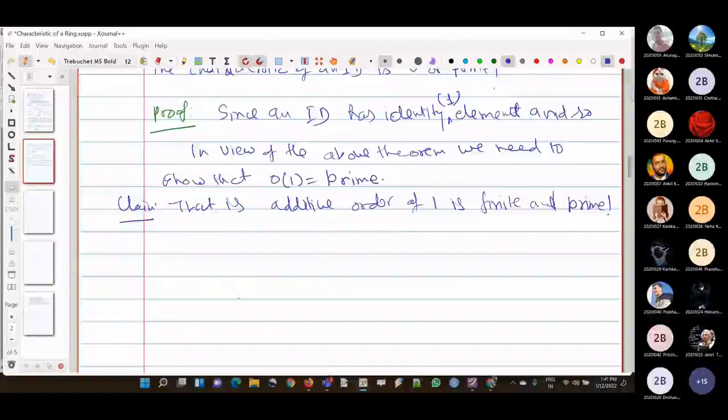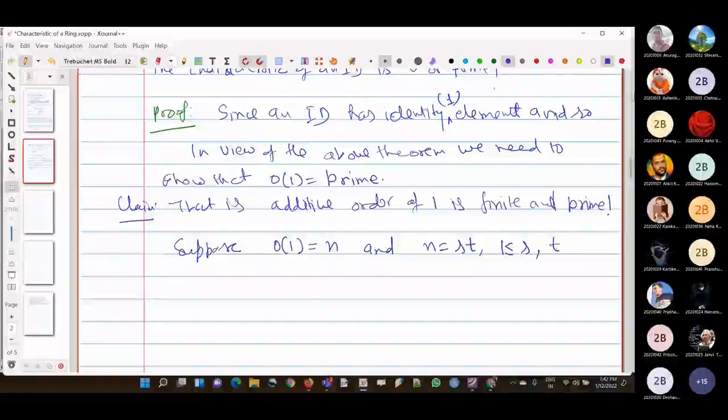So suppose that the order of 1 is n, and suppose that n is not prime but composite. Let n equal s times t, where we are leaving the possibility for s and t to be 1 also.